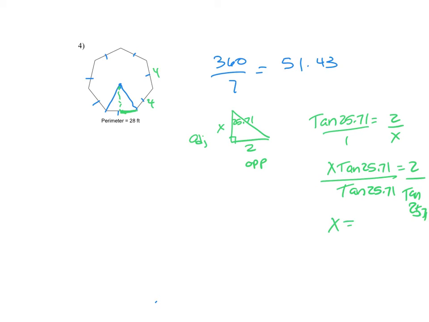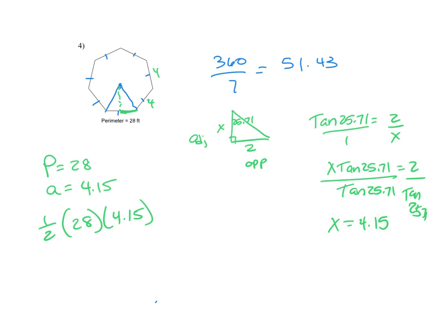And we get that x equals 4.15, and that's our apothem. So now we know our perimeter is 28, our apothem is 4.15, and we put it in the formula. And we get the answer is 58.14. So that's it for today.